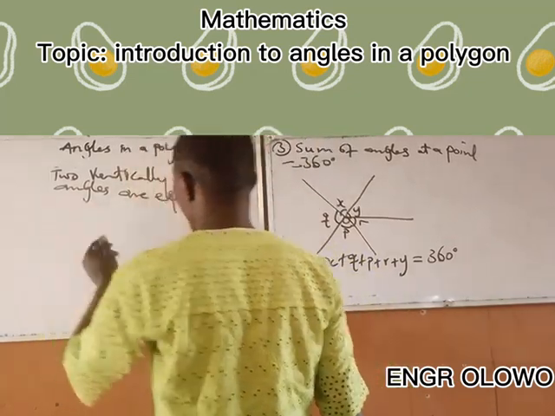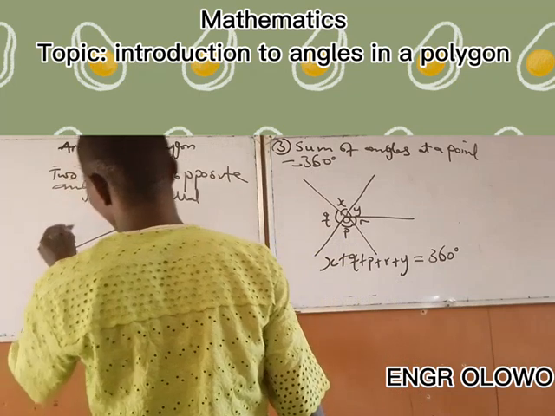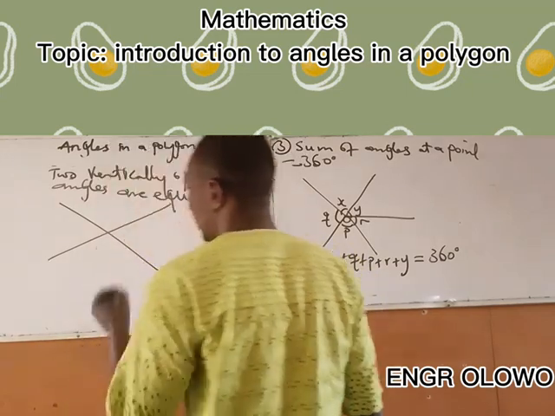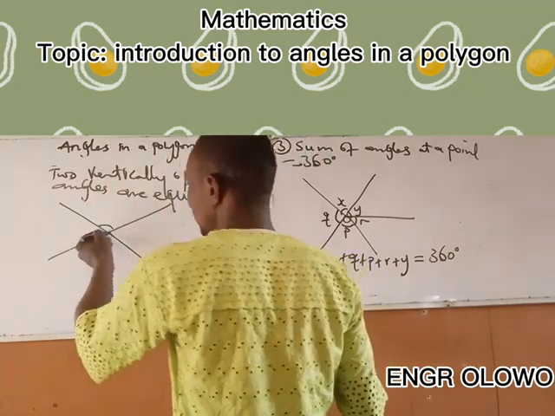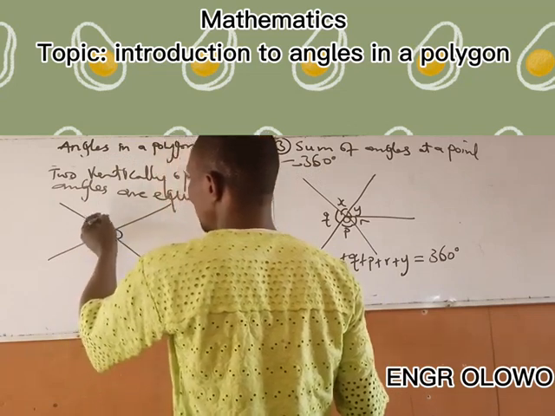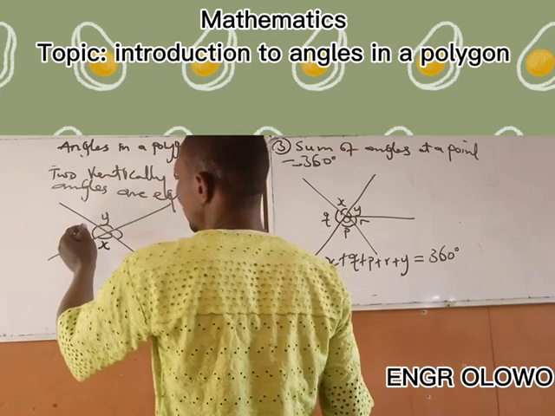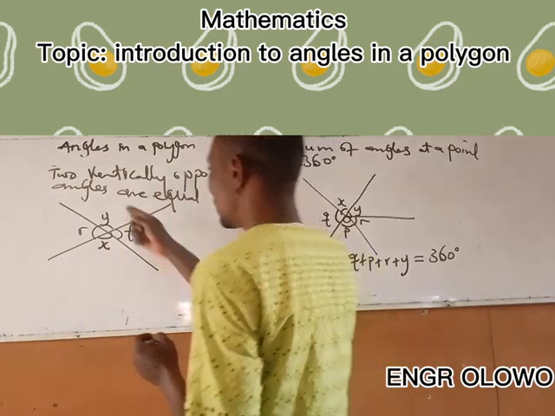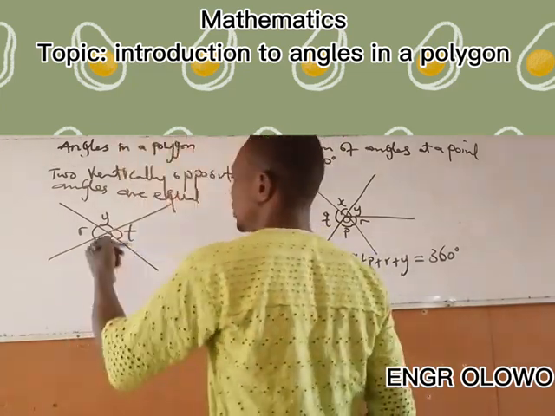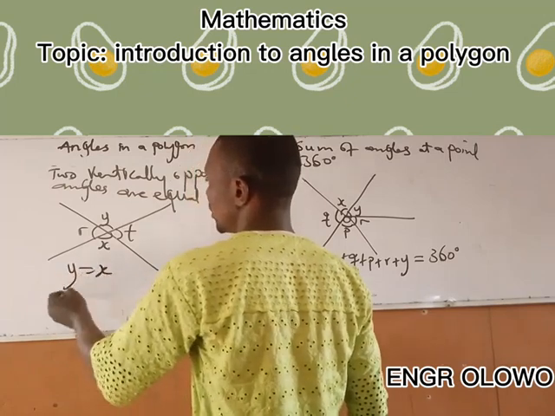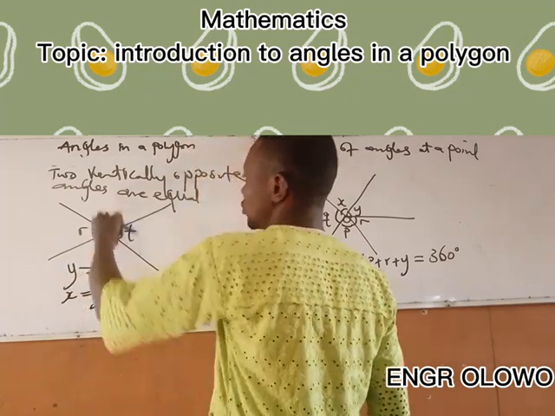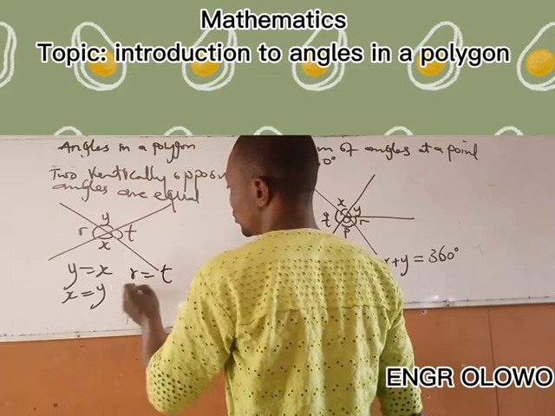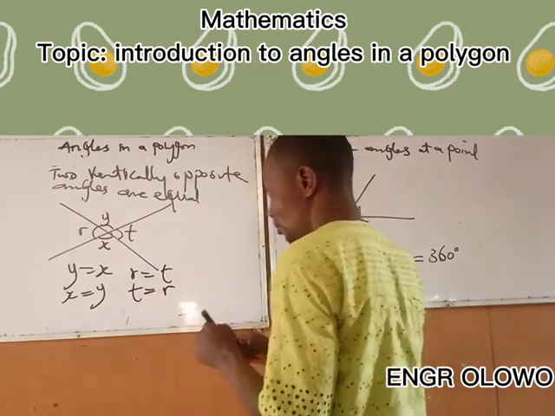So these are two straight lines crossing. If this place is X and here is Y, and this side is R, this side is T, the ones facing each other are Y and X. Y is equal to X, and at the same time X is equal to Y.